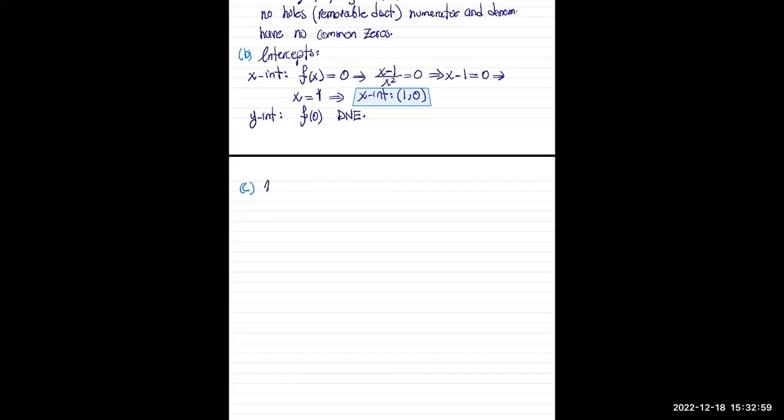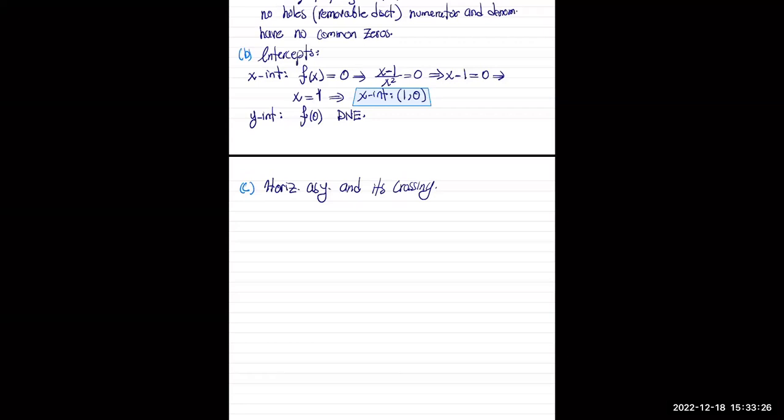C, horizontal asymptote and horizontal asymptote crossing. We want to know when the function is going to cross its horizontal asymptote, if it does. The horizontal asymptote has nothing to do with the domain.